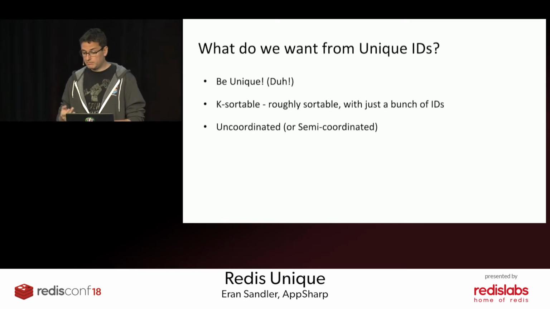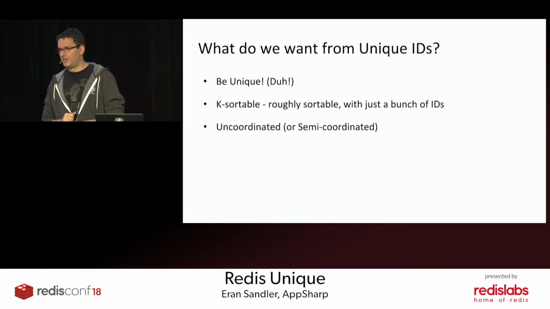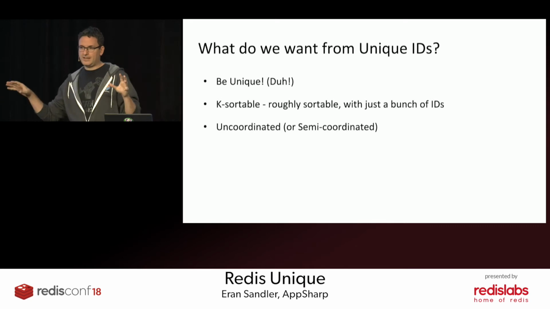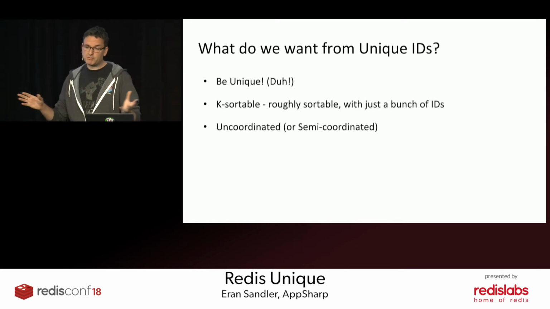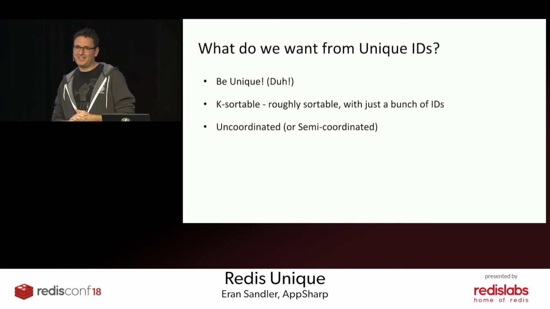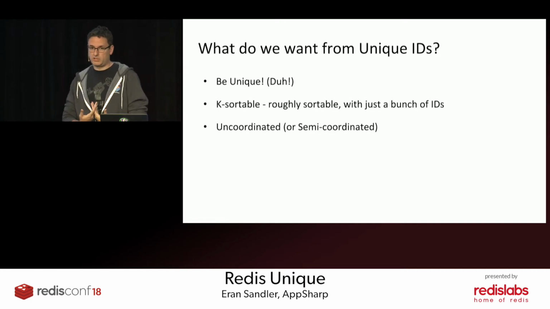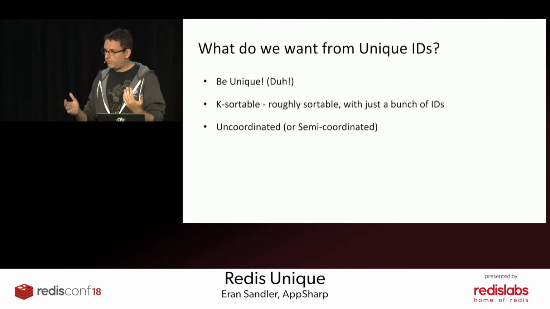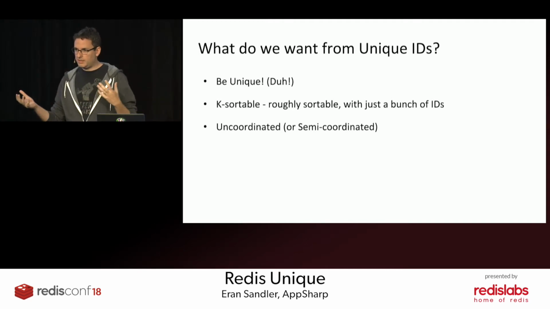And we want them to be uncoordinated or semi-coordinated, in the sense that we can generate them in different locations, different data centers, in a way that will not block because they need some central coordination, and that even if you have some kind of network fault between locations, we're not held back by that.